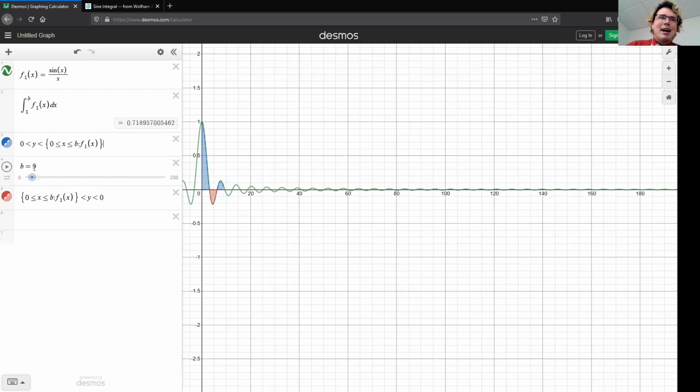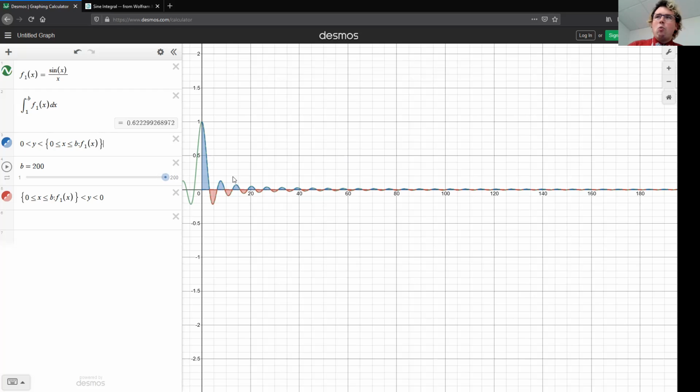For the smallest b I can consider, b equals 1, the integral will be 0. But as I go out, this looks like it's approaching a limit. It looks like I get 0.62 and change.